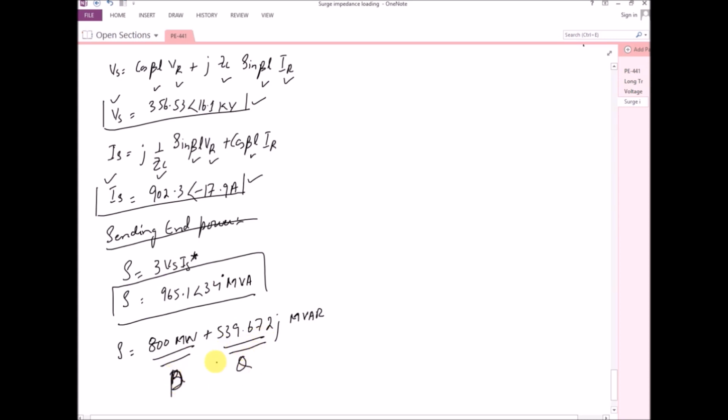This is P and this is Q. Now if you have to calculate the real power from this one, it is P = 965.1 cos 34 degree, and for Q it is 965.1 sin 34 degree. So after solving this you have 800 megawatt, and for reactive power it is 539.672 j.